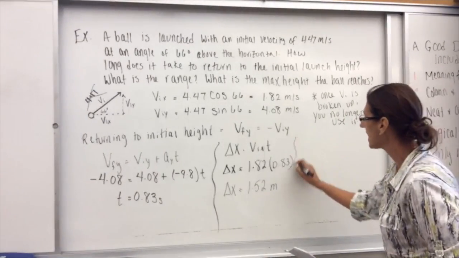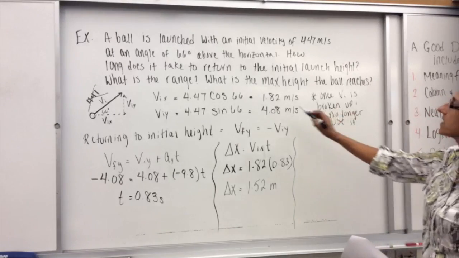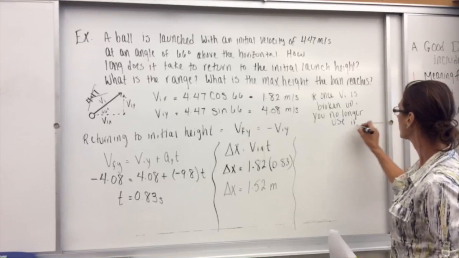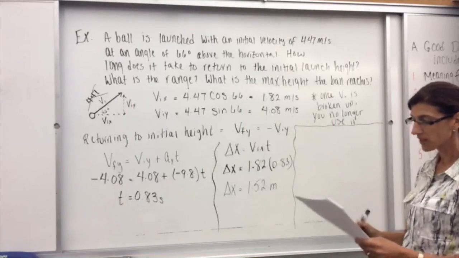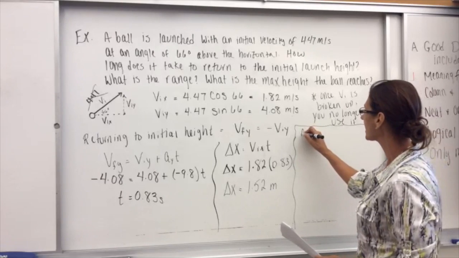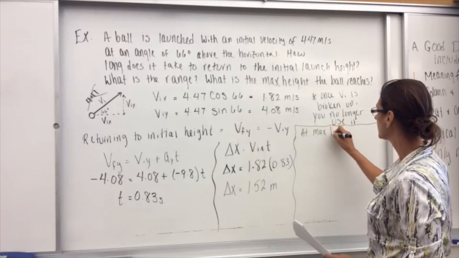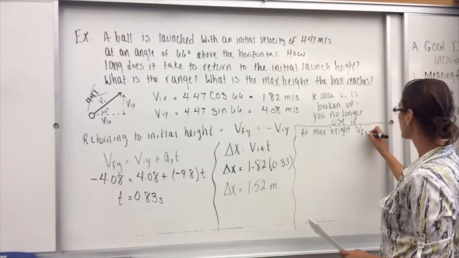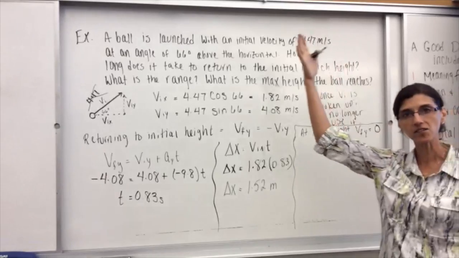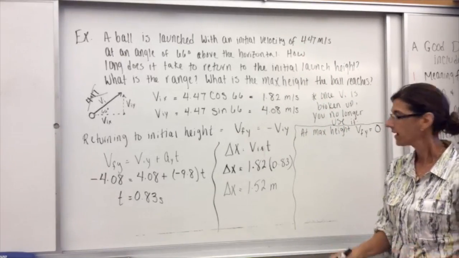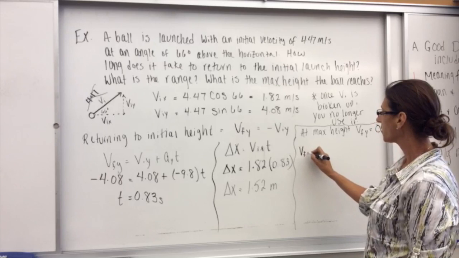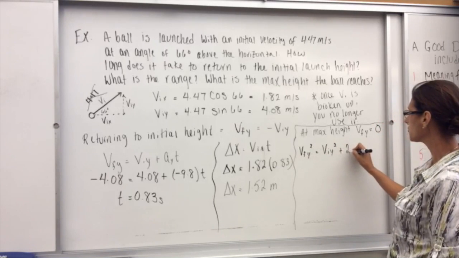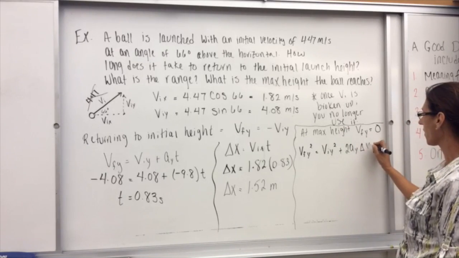And then the last question says, what is the max height the ball reaches? So we know that at max height, v final y is 0. It has to stop before it can come back down. So we're going to use the equation v final y squared equals v initial y squared plus 2 a y delta y.